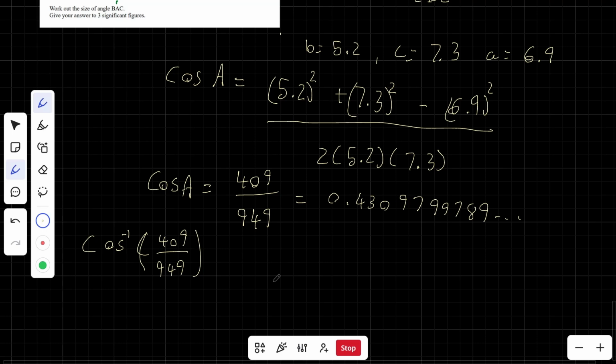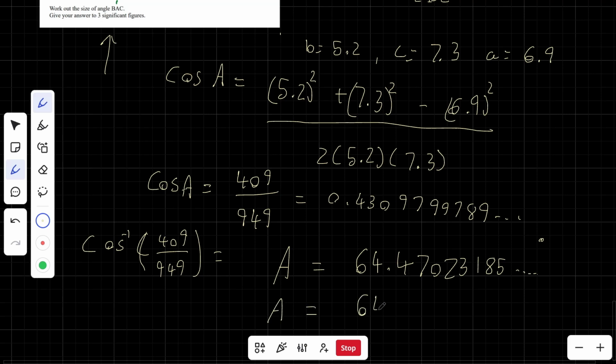you get A equals 64.47023185 degrees, and they would like it to 3 significant figures.